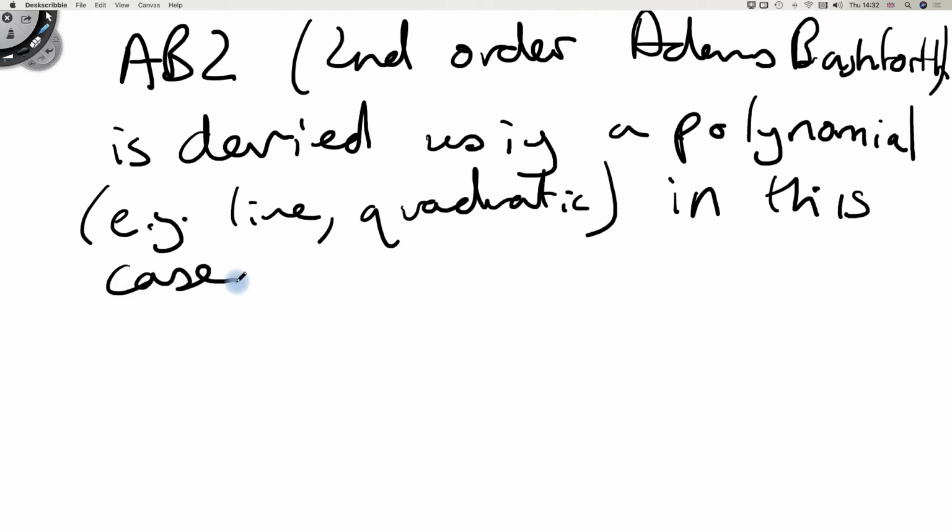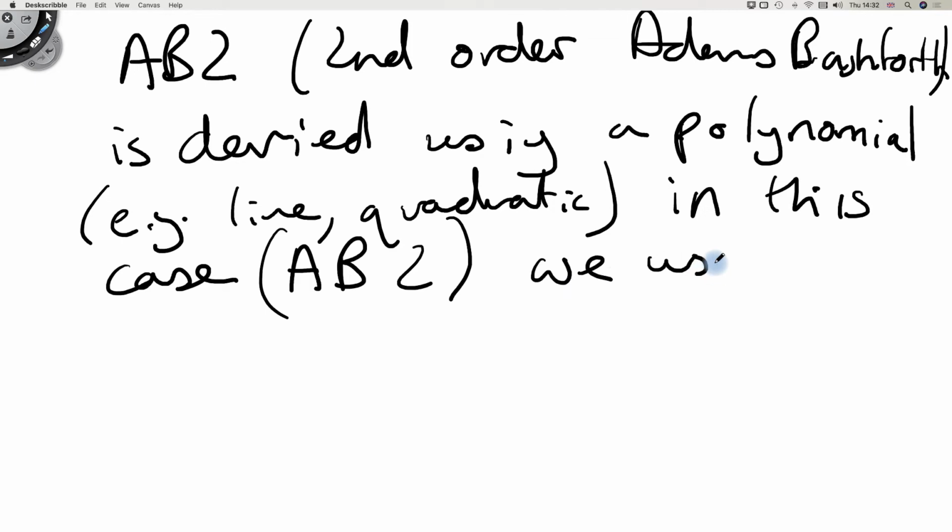So the line is a special case of polynomial. And then obviously if you want to go up the hierarchy, you use a higher order polynomial instead. In this case, AB2, we use a line.